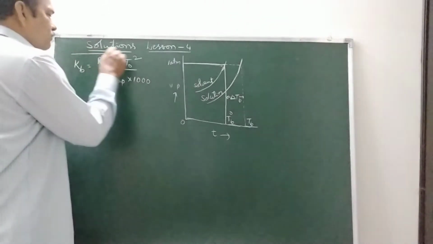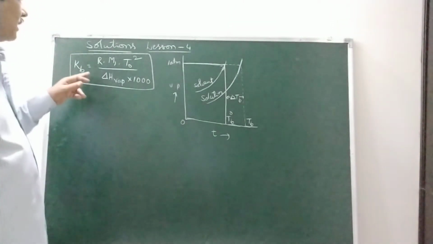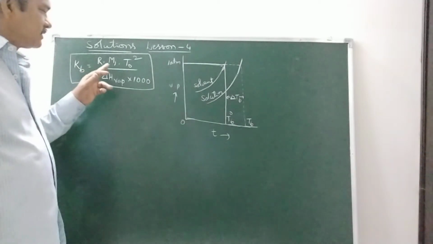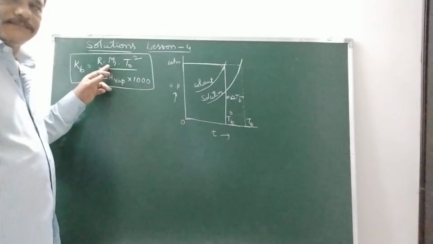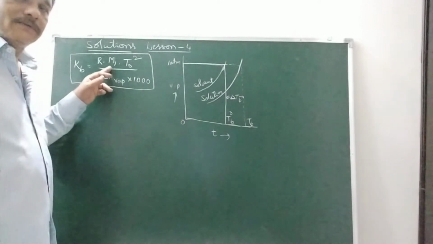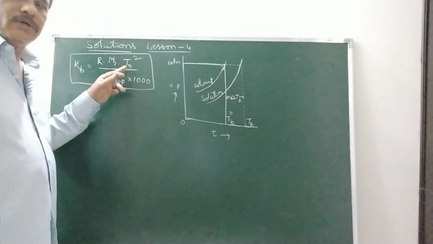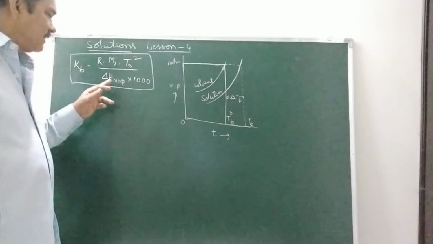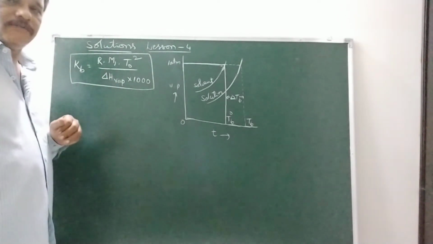This is the formula for KB, where R is the universal gas constant, M1 is the molecular weight of solvent, M2 is the molecular weight of solute, and T0 is the boiling point of the pure solvent. This is the enthalpy of vaporization.